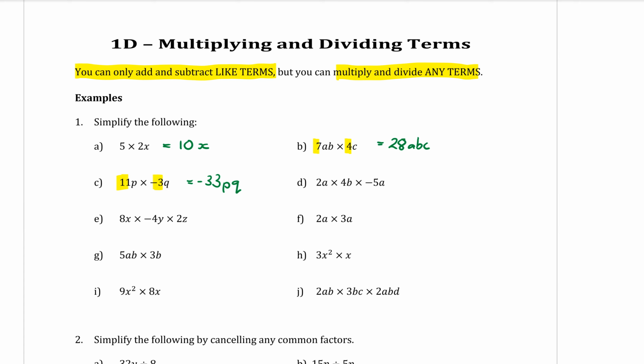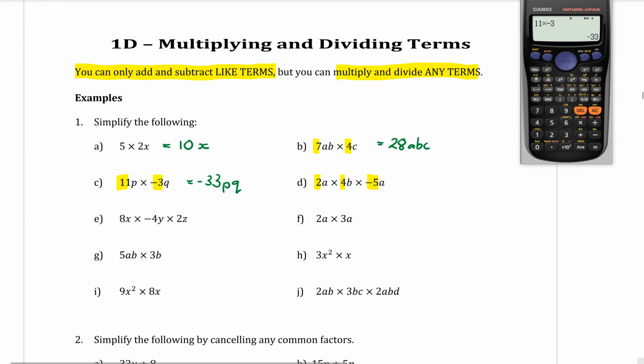So for D, we've got 2a times 4b times minus 5. Okay, some of you might want to do that in your head. Some of you will grab the calculator. 2 times 4 times by minus 5. Always be careful when you're multiplying negative numbers.